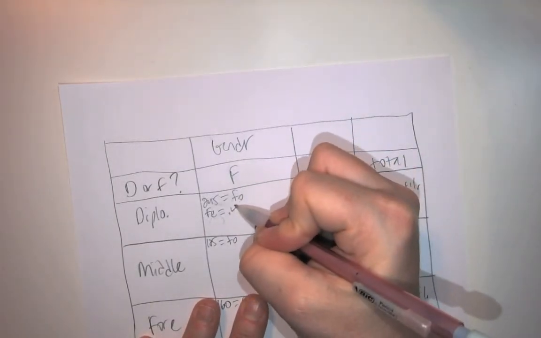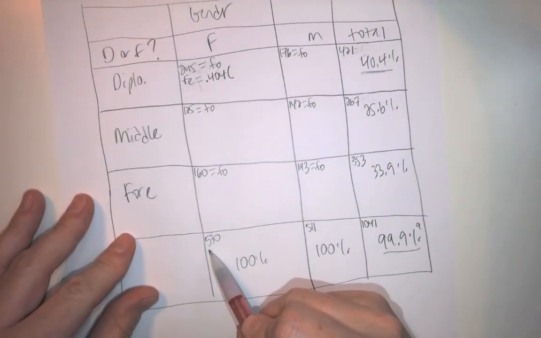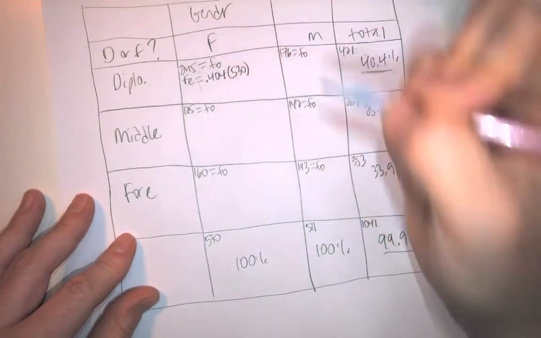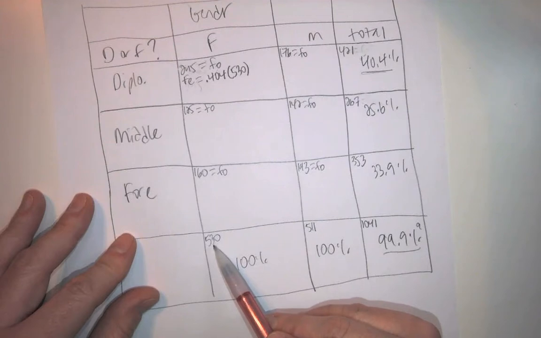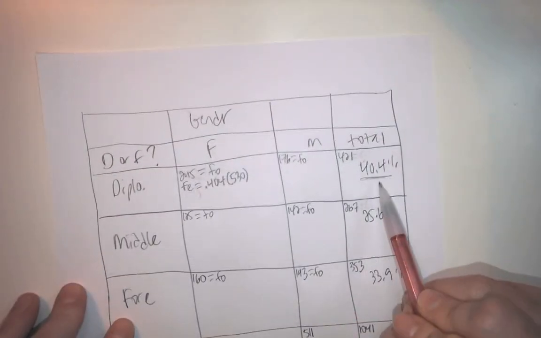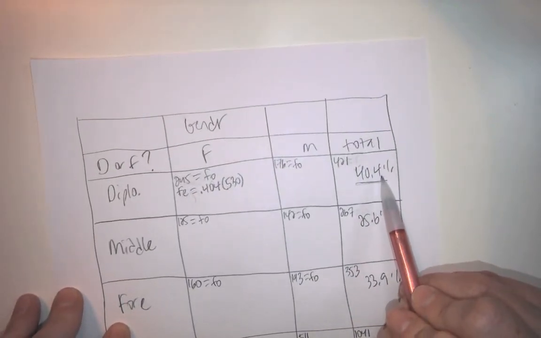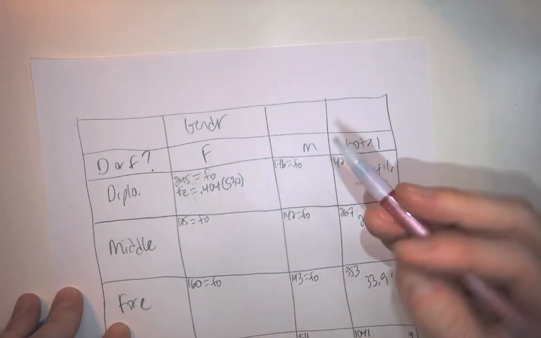This would be 0.404 times our total number of women, which in this case is 530. So we're using the total column below of how many actual women there are. And if our null hypothesis is right, that 44.4% of women and 44.4% of men support diplomacy, let's check that out to see what that looks like.